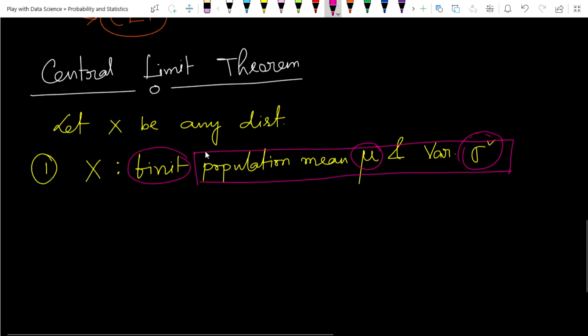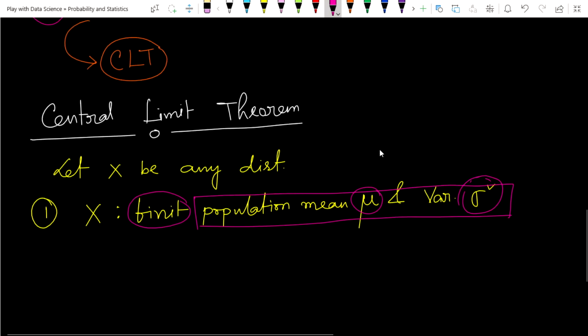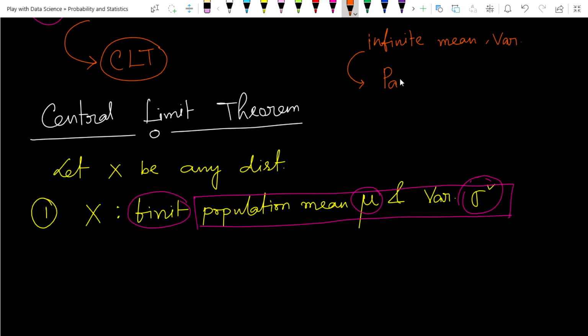There are also some distributions that have infinite mean and variance. These are the Pareto distributions, which we will see in the next lecture; just bear with me for now.